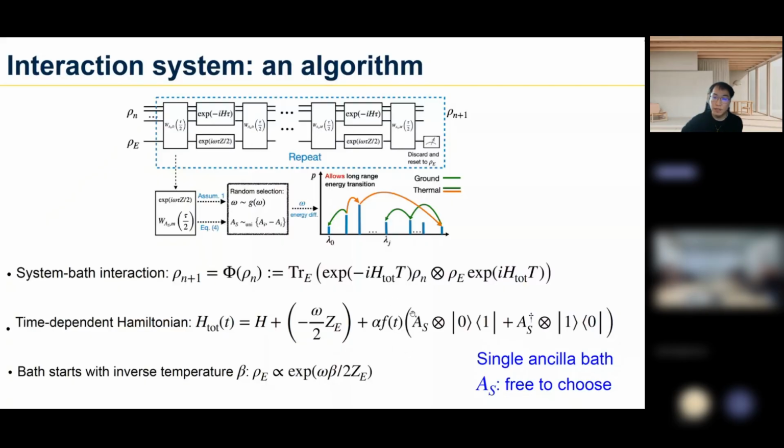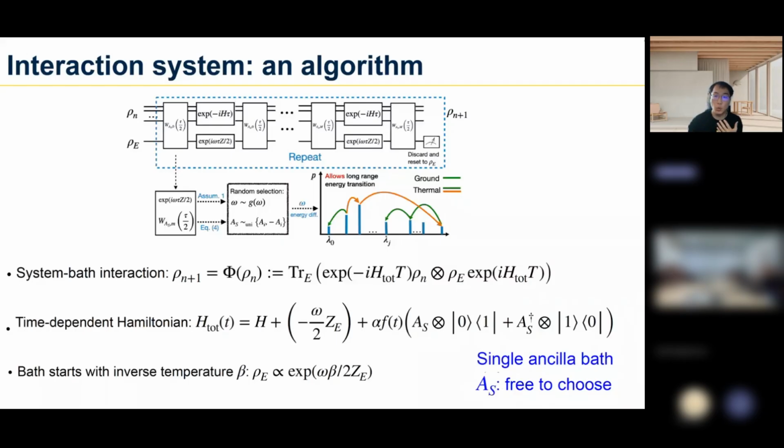This function f(t) is similar to the filter functions in the linear Gaussian setting, and this matrix A_S is also similar to the Kraus operator in the linear Gaussian setting. So basically, in our algorithm, we need to construct the total Hamiltonian in this way, and the same as before, this A_S is a free variable to choose.